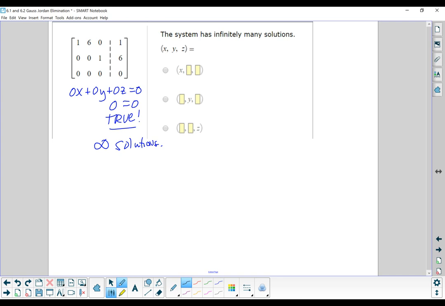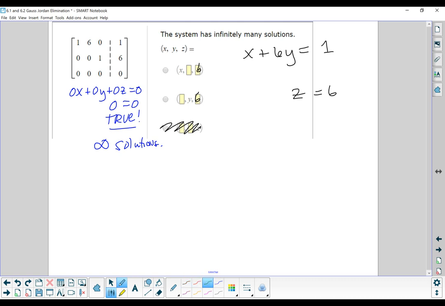So one of my equations, that top row, tells me that x plus 6y is equal to 1. And the middle row tells me that z is equal to 6. So I'm not going to use this one because I know z is 6. So I need to be able to put a 6 there. You could, in theory, use either of those two to report your answer.